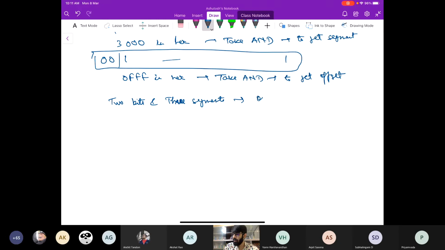So one segment of address space goes unused.